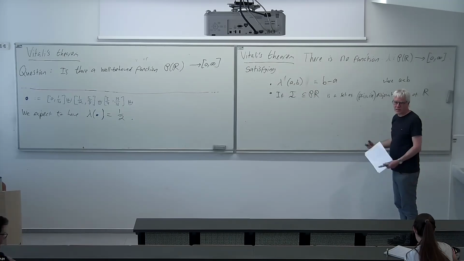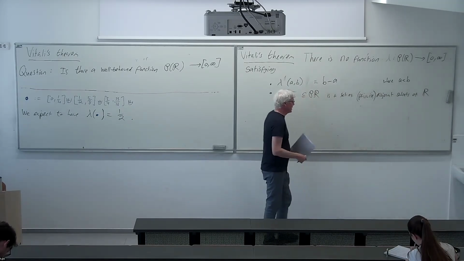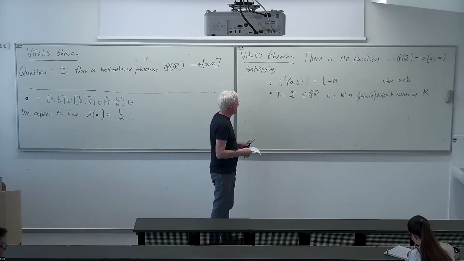I'll just talk about a set of disjoint sets, meaning any pair of distinct elements has empty intersection.